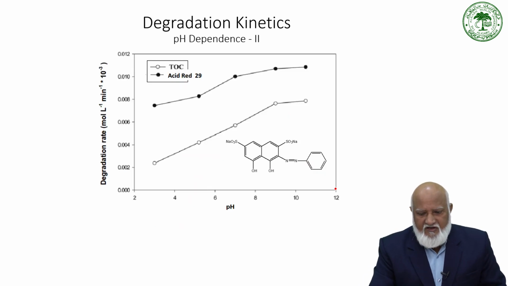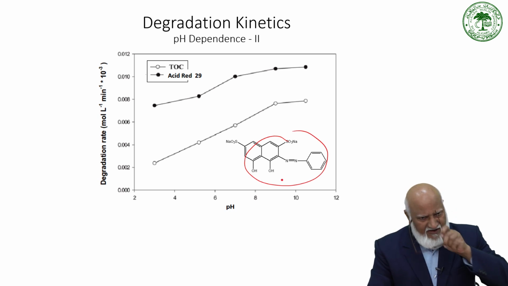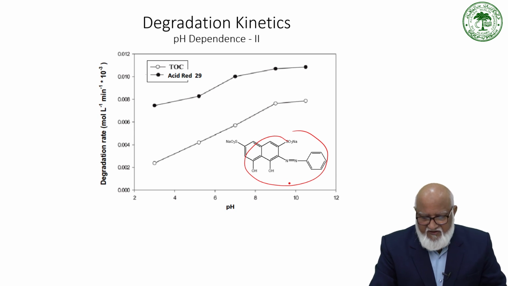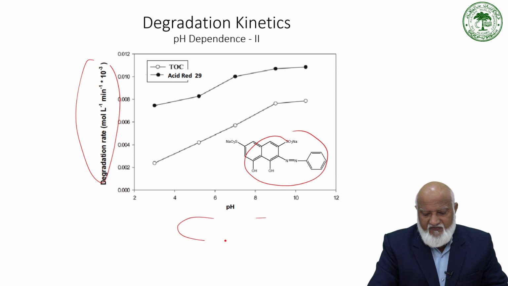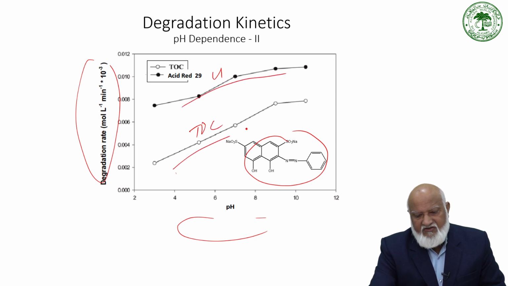Here is another pollutant, an azo dye, and the degradation of this particular dye has been tested as degradation rate versus different pH values. Here it is just a reverse of this: this is for UV degradation, and this is TOC mineralization.